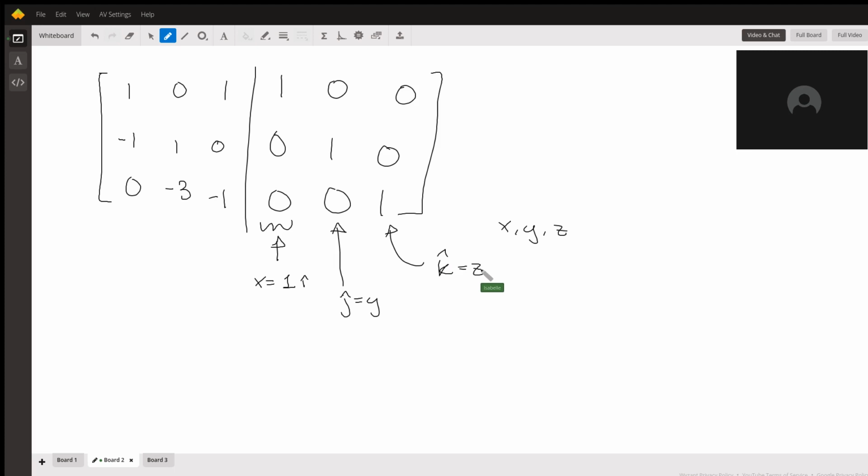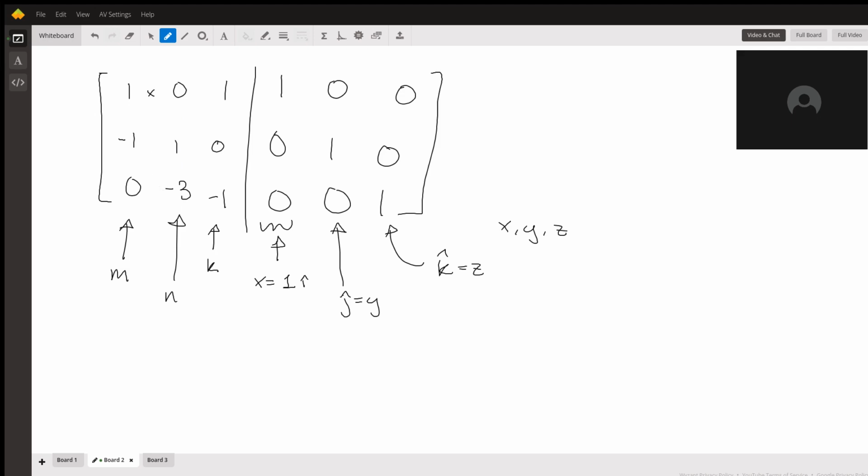And so hopefully you can see why m, n, and k are represented by these vertical vectors. If not, I encourage you to take a look at how these would be scaling x, y, and z.